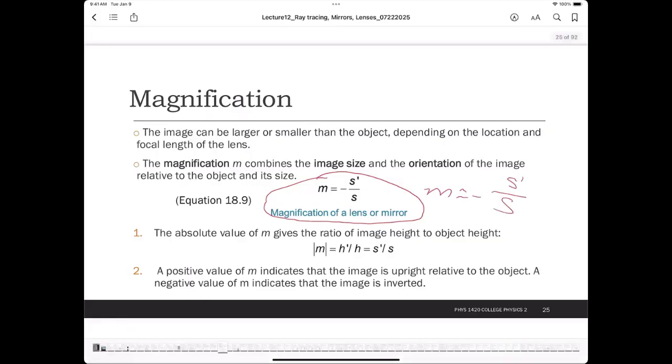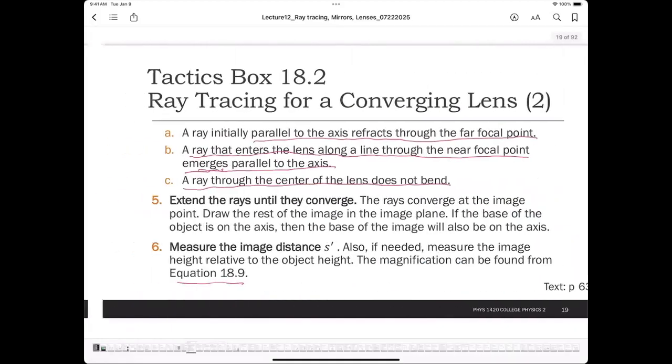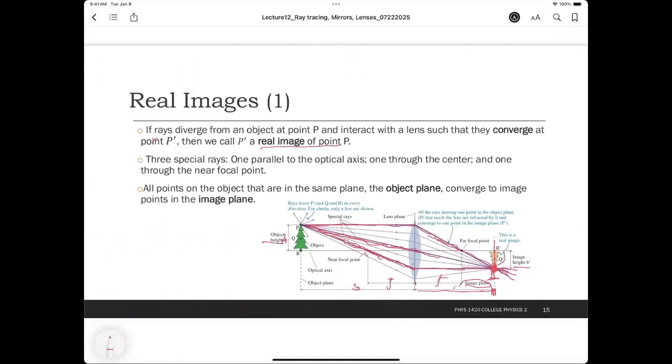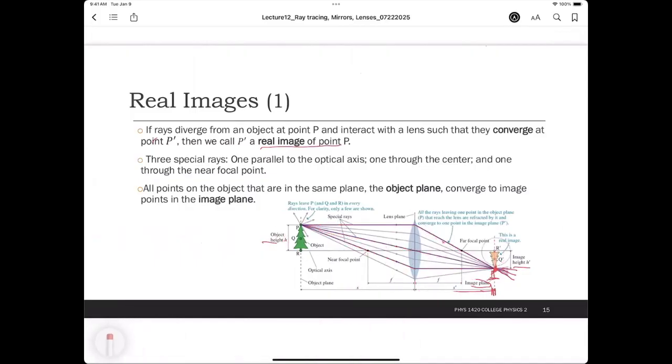Do you know what s and s' are? Let us talk about that. s is the distance between the object and the lens. Yeah, this is s.